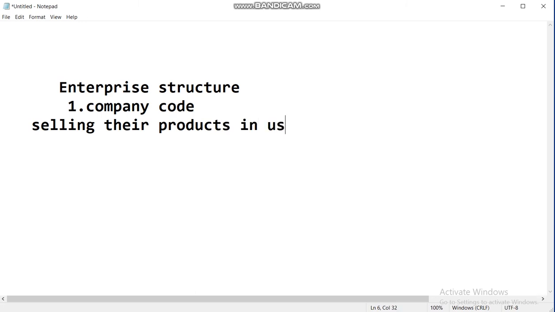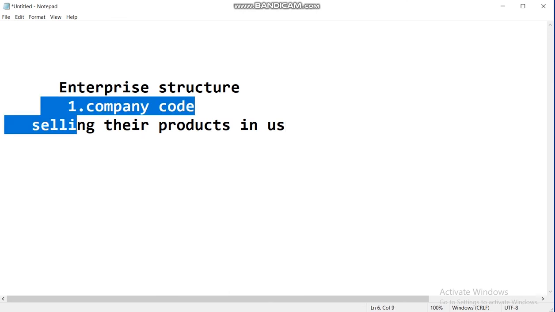For example, the Tata Group selling their products in the US. According to the US Companies Act, our Companies Act 2013 will be different, and the US Companies Act will be different. Definitely, every country has its own laws. So according to their laws, the Tata Group should have a separate company code according to the American Act. So only in a few scenarios do we have multiple company codes.